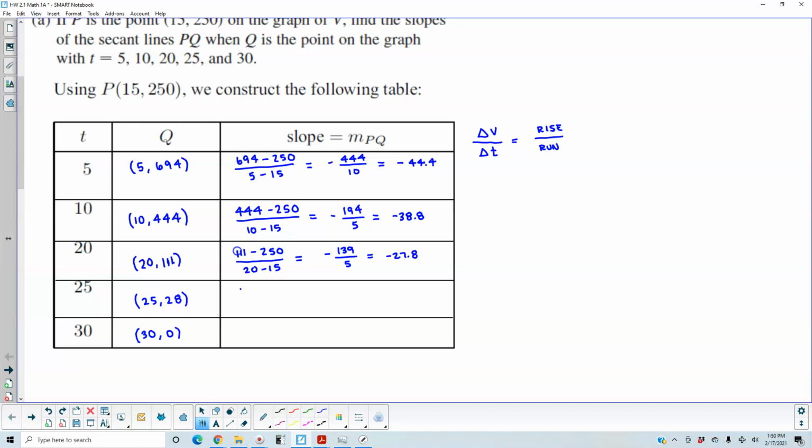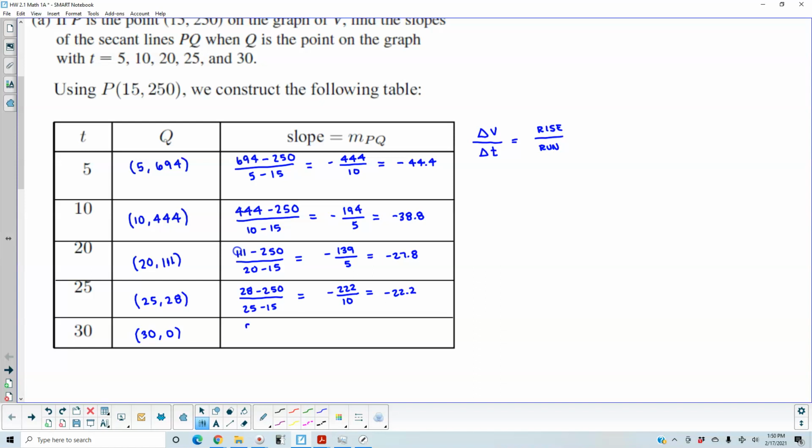And then next we're going to take 28, subtract 250, and then take 25 and subtract 15. So that gives us negative 222 divided by 10, which gives us a slope of negative 22.2.